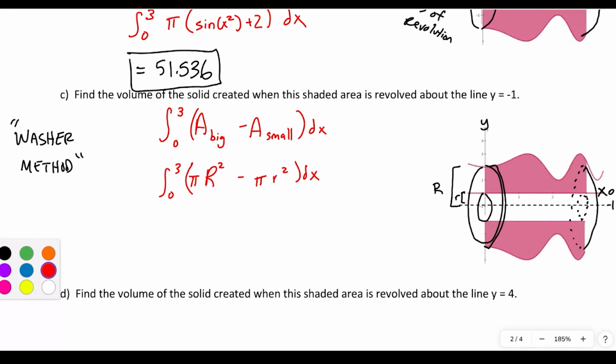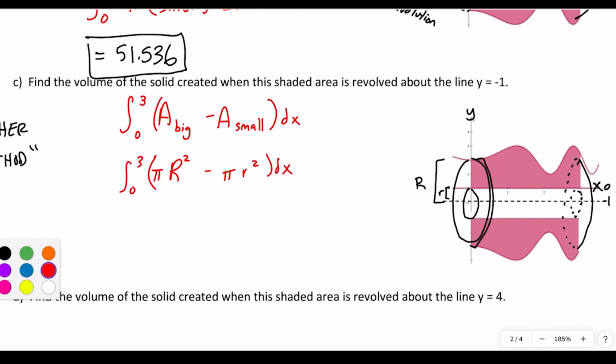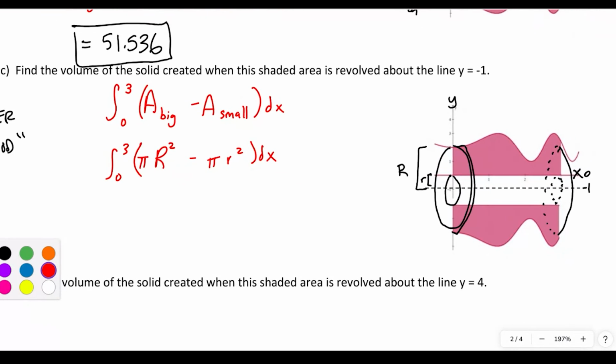Now, the little r is going to be a little easier to come up with because we've got a horizontal line there. It's a constant radius, right? This distance from here to here doesn't change all throughout the solid. It's just 1, right? So this is 1. But what about the other radius?